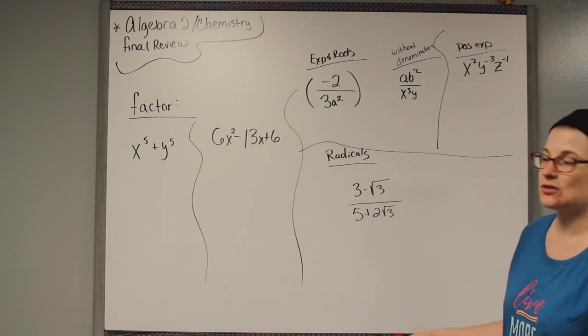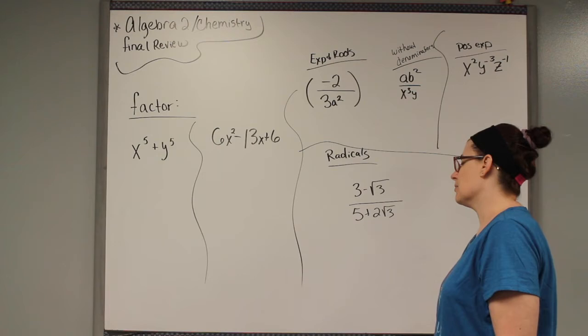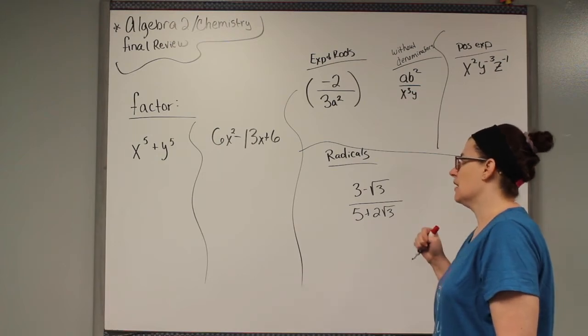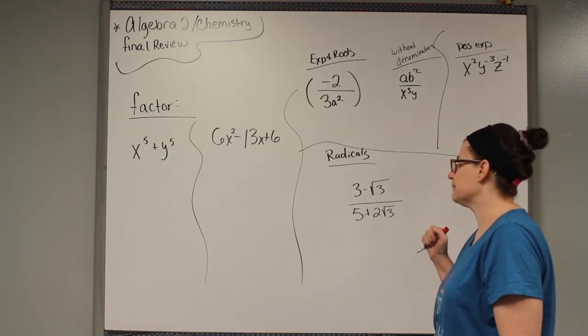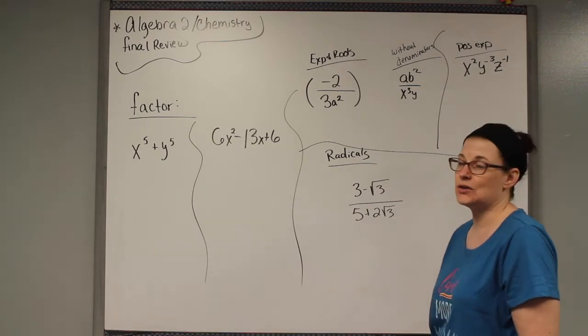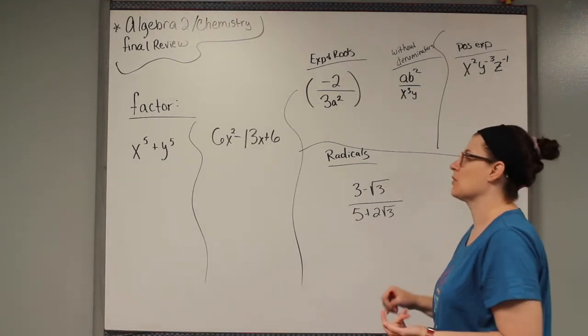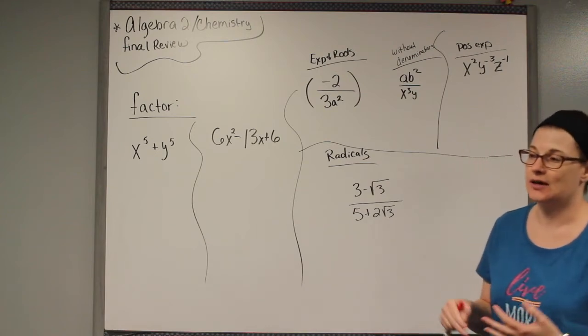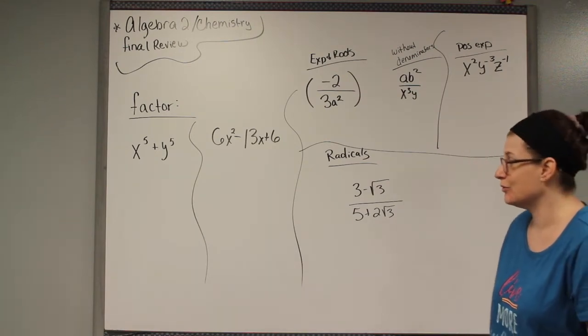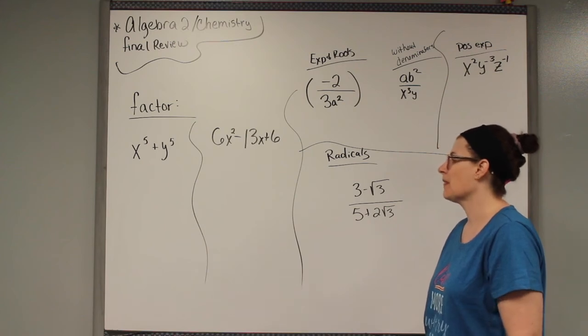I think factoring starts somewhere around page 40. Just go back and remind yourself of the difference of squares, perfect square, and easy trinomial. I'm not going over every single one of those. We've done that for 2 years. You should be able to do them.